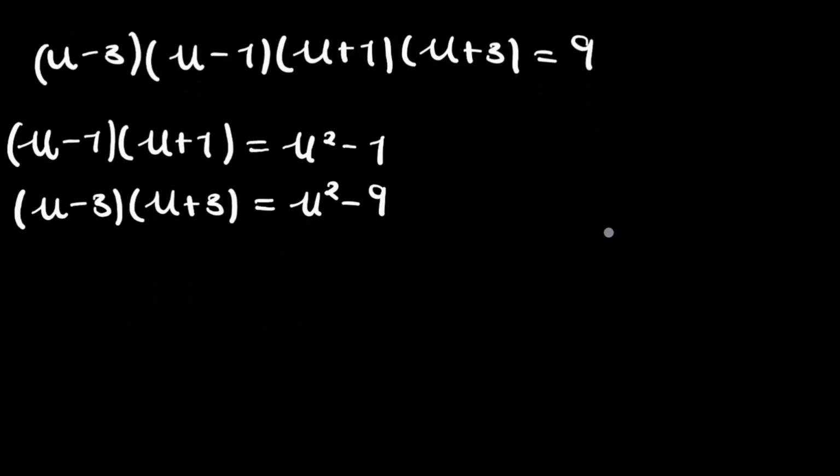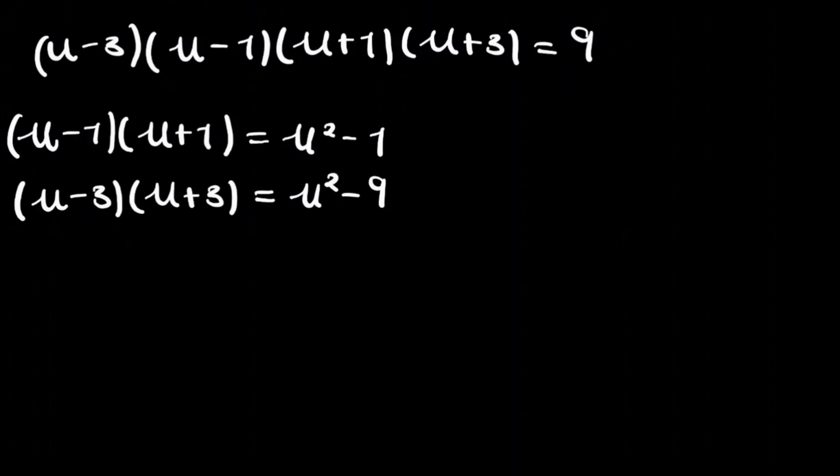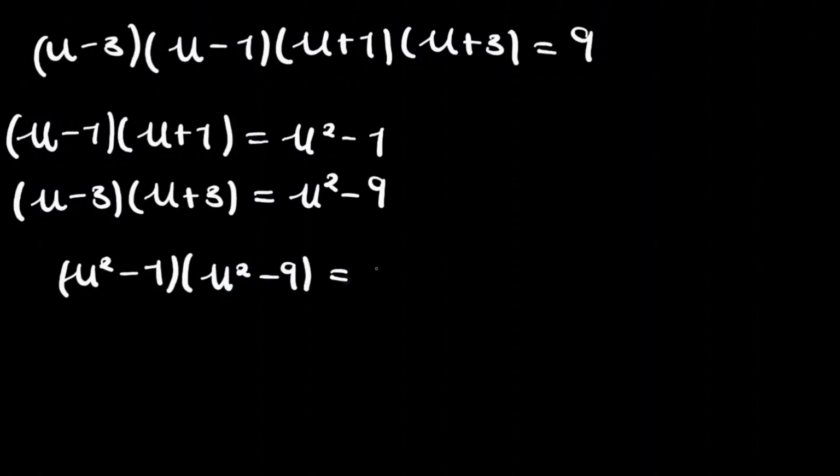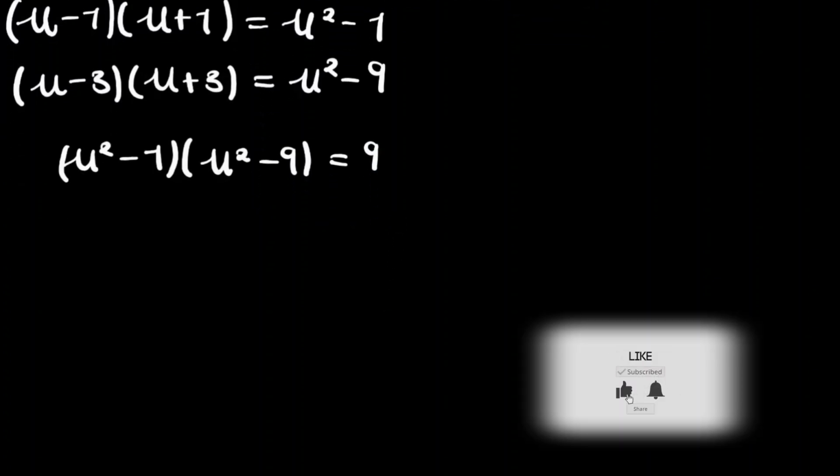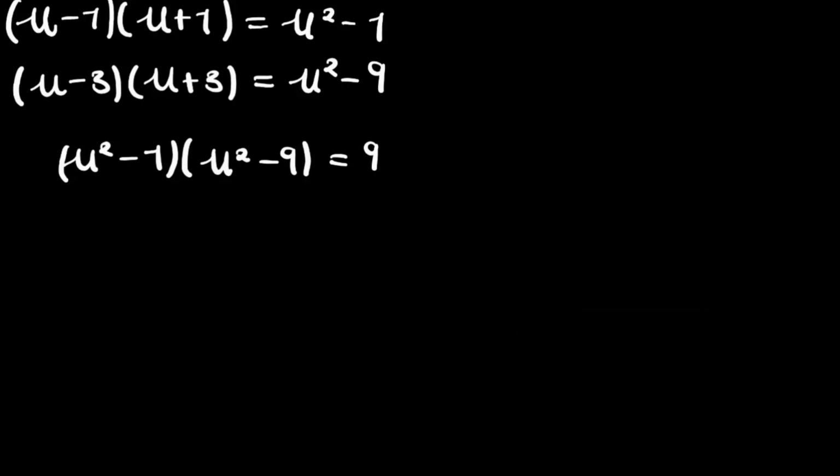Substituting these into our equation, we have u squared minus 1 into u squared minus 9 equal to 9. This is our result after substituting everything.